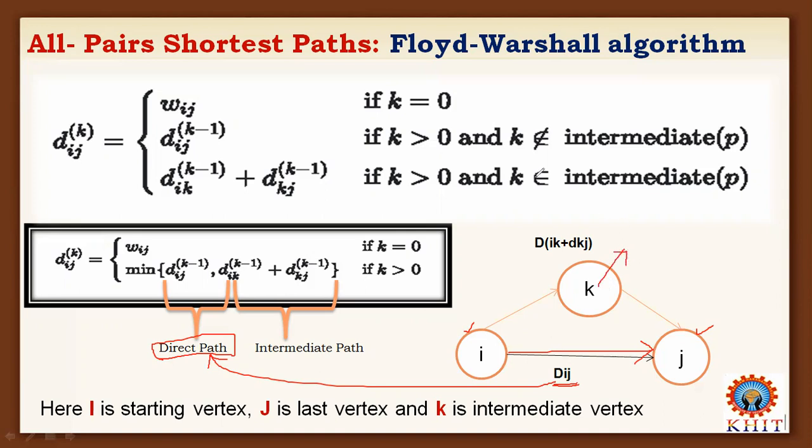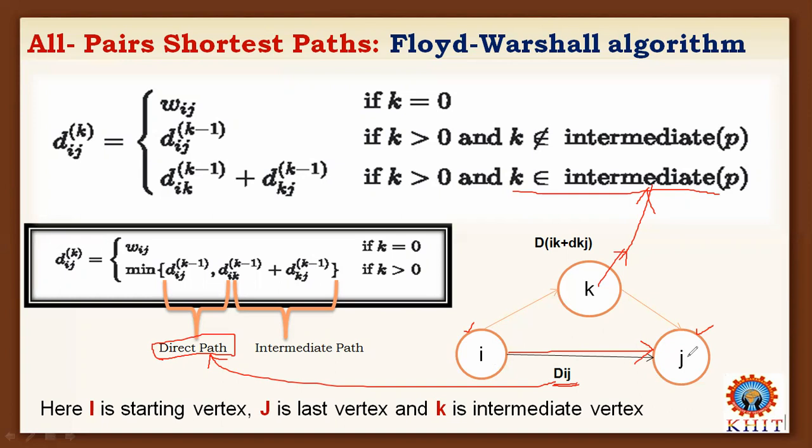Here k is considered an intermediate vertex, which can exist between vertex I and vertex J. There is a possibility of moving from vertex I to vertex J through the intermediate vertex K. In this case, there is no direct path from I to J, but through an intermediate vertex K, there is a path.